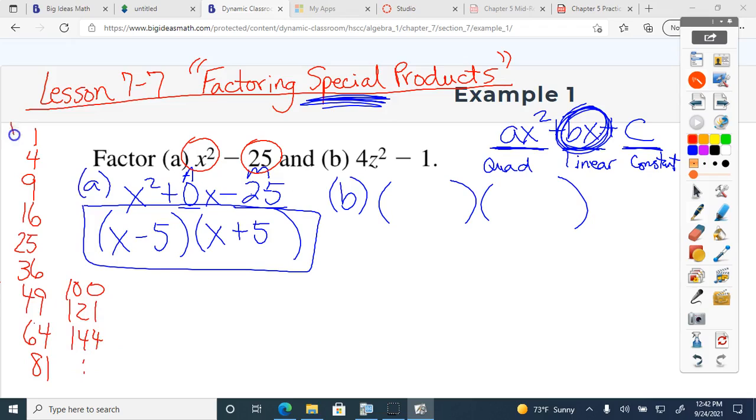These are all perfect squares. You're looking for perfect squares, and if you're subtracting two perfect squares, all you have to do is take the square root of both of them.